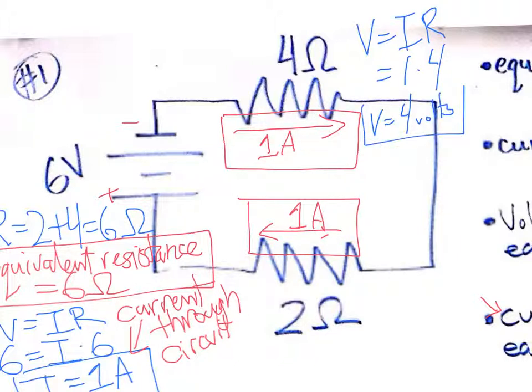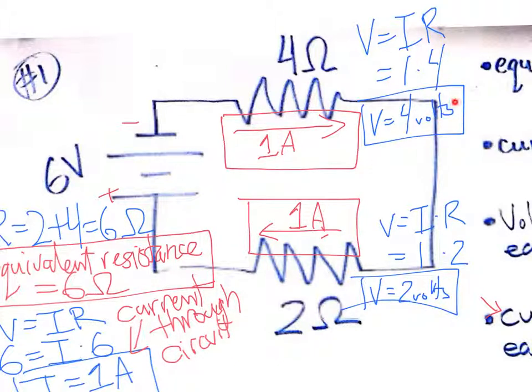So we say that is the voltage drop across this resistor. The voltage drop across this resistor, or the voltage used up by this resistor, is 1 amp times 2 ohms. Voltage equals 2 volts. Okay.